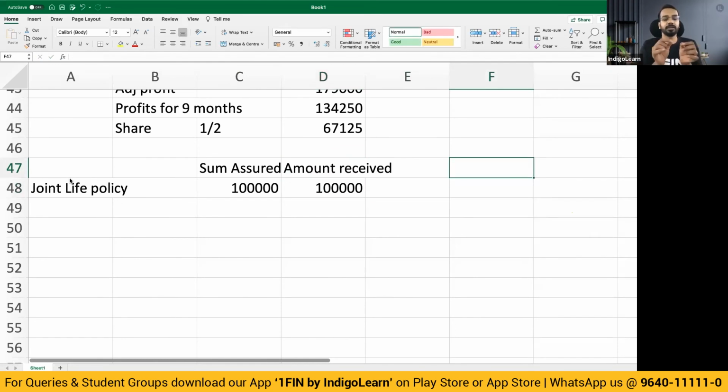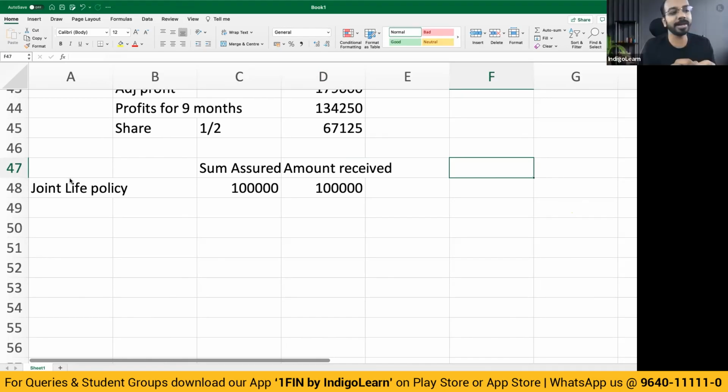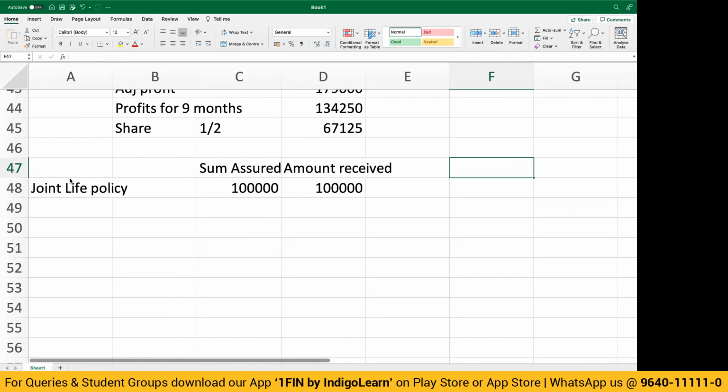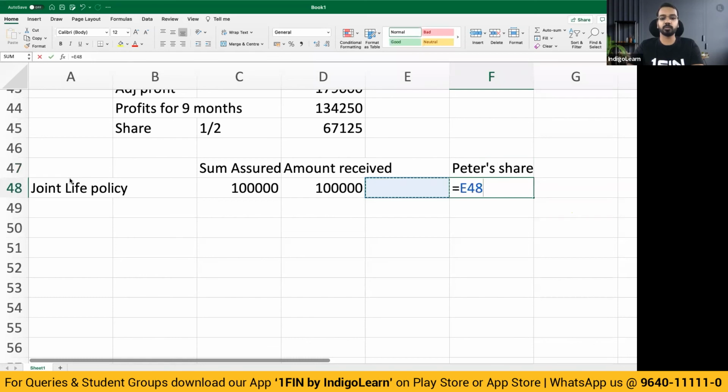And again, this will be a good revision for those of you who had forgotten, or had not revised enough in the previous class. Do we have any joint life policy as asset in the balance sheet? No, sir. We don't have, which means the entire 1 lakh is a gain which has to be credited to partners' account. So Peter's share is 1 lakh divided by 2, 50,000 from here.